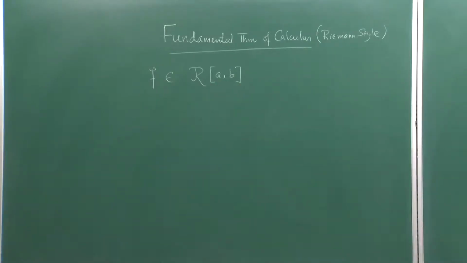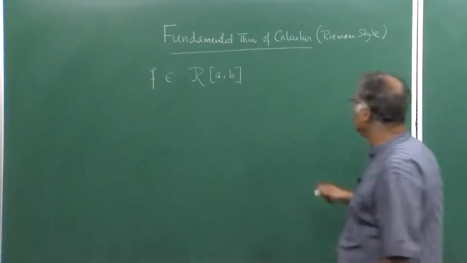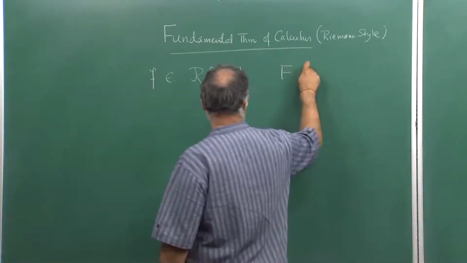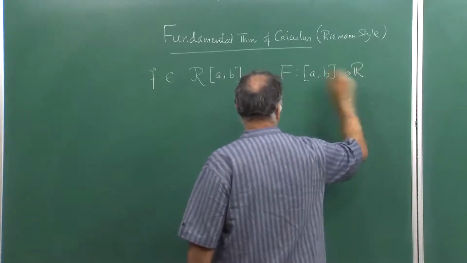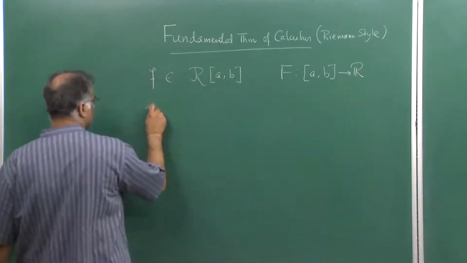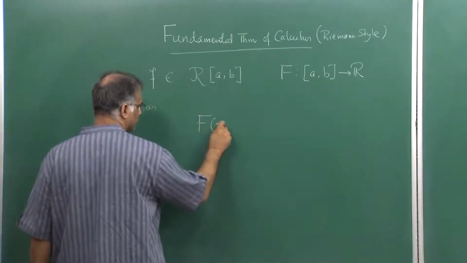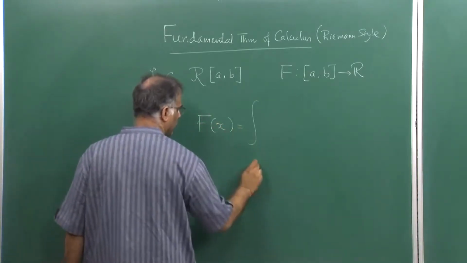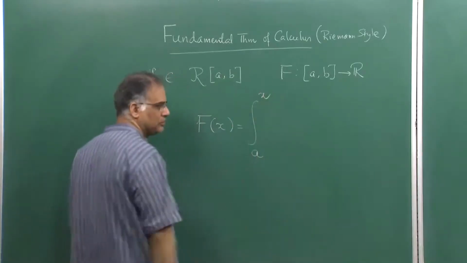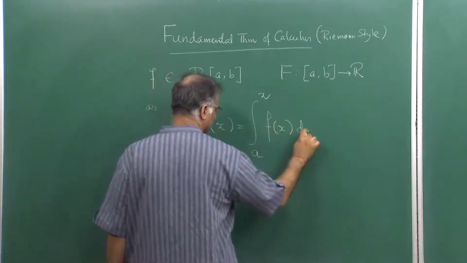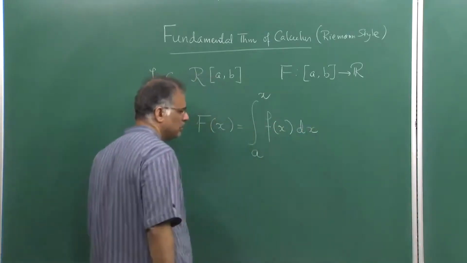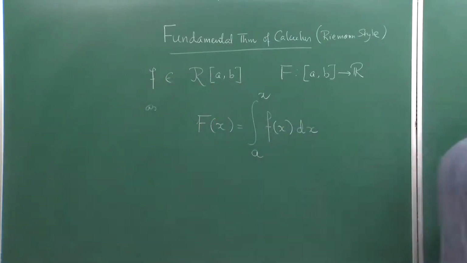So, you have this function f on R[a,b] and you define a function capital F, again from [a,b] to R, as F(x) is equal to the integral from a to x of f(x) dx.